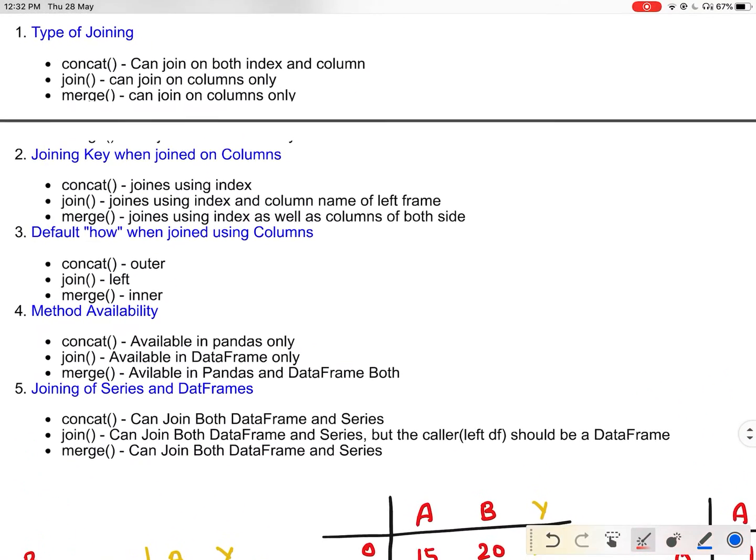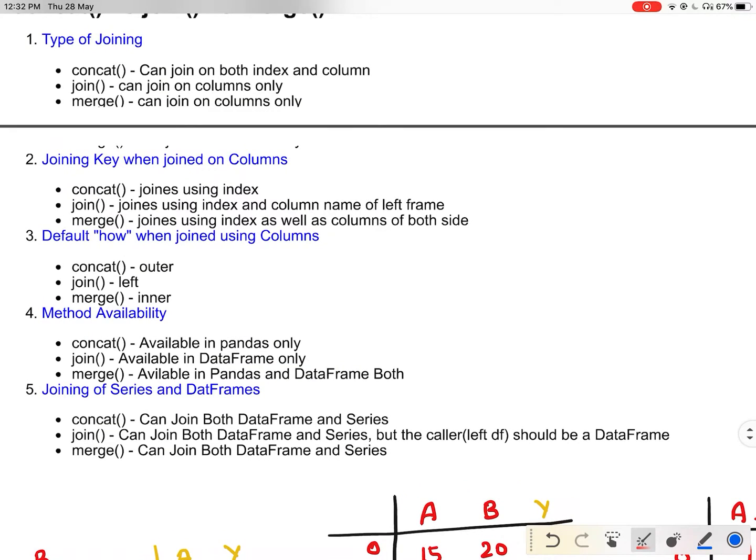When we use concat, it can join both types, using indexes and columns. When we use the join function, it can join the data frames using columns only. When we use merge, it can also join on columns only.